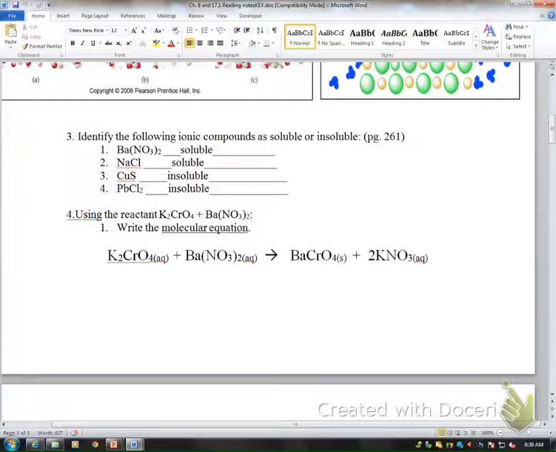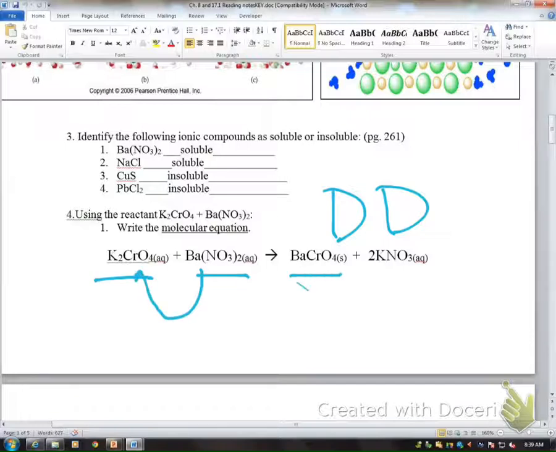And one thing also with this molecular equation, notice we have a compound plus a compound, so this is a double displacement reaction. So for your product, your barium has now combined with your chromate to make barium chromate. Your potassium has combined with your nitrate to make potassium nitrate.